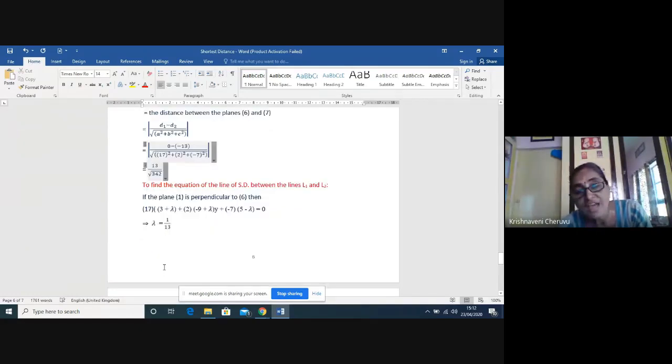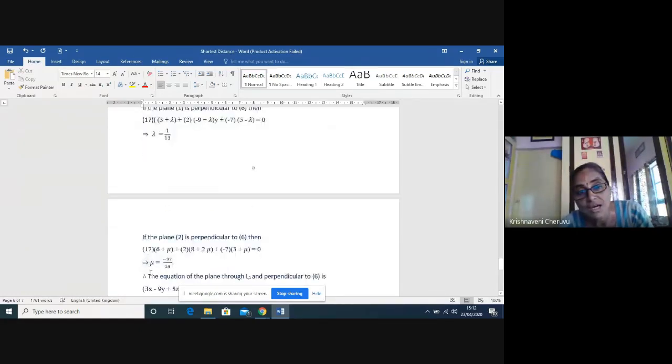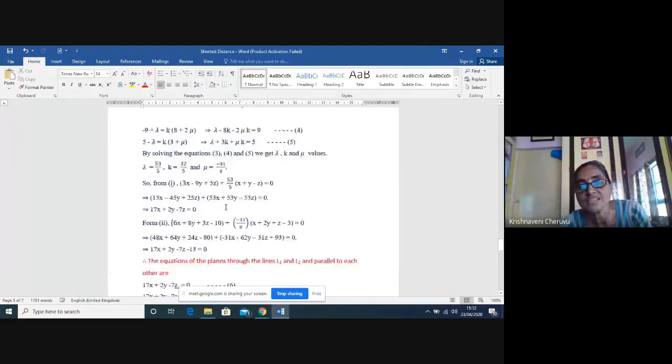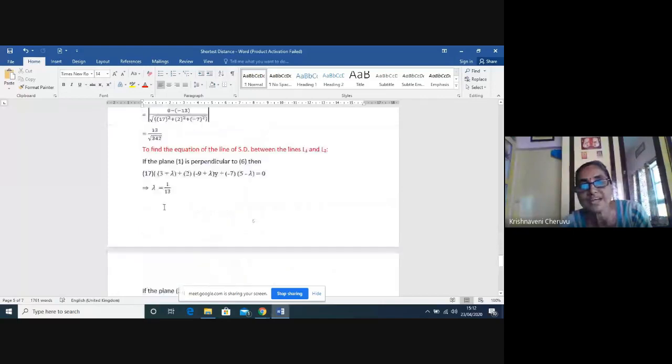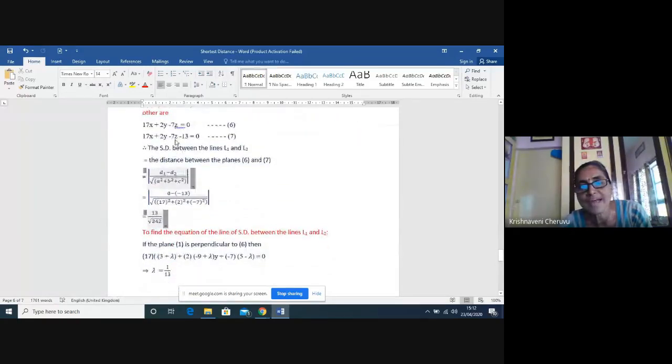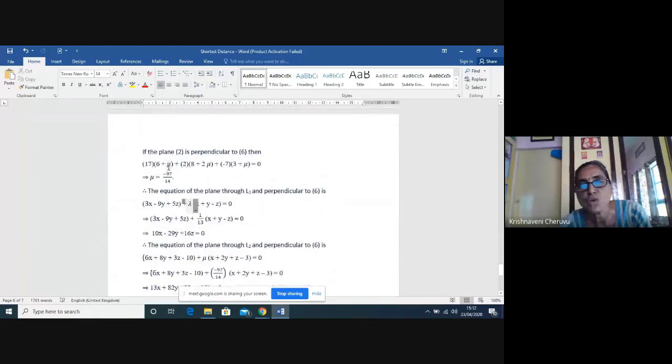In a similar way, you find the equation of the plane which is perpendicular to plane 6. So plane 2 is here, girls, whose normal's drs are 6 plus mu, 8 plus 2 mu, 3 plus mu. When this is perpendicular to plane 6 or 7, which is 17, 2, minus 7, no?